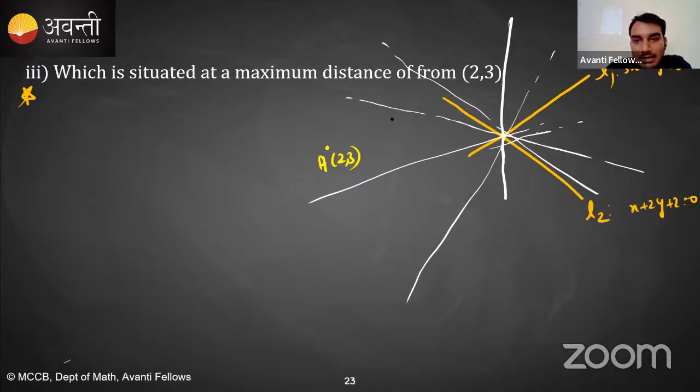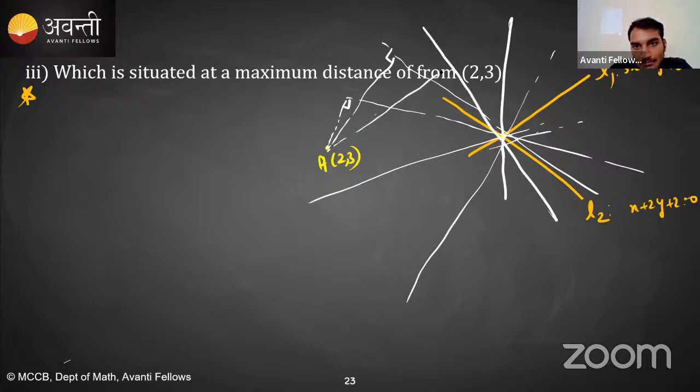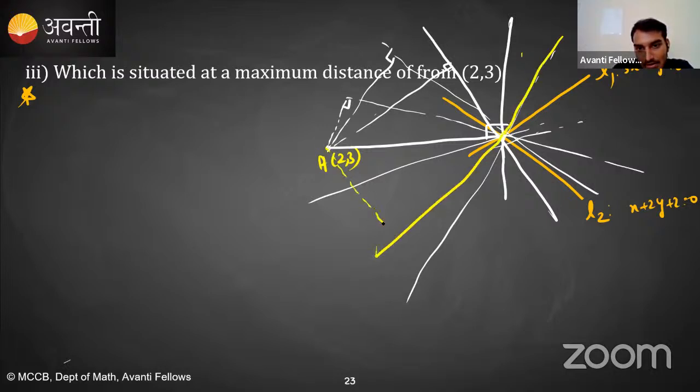Students, see, as my line gets closer, the distance from this line is this perpendicular. As the line gets farther, one of the lines would be like this, and the distance from it is this perpendicular, so the perpendicular distance is increasing. But if the line now crosses this, and one of the lines would be like this, then my perpendicular distance will start to decrease.